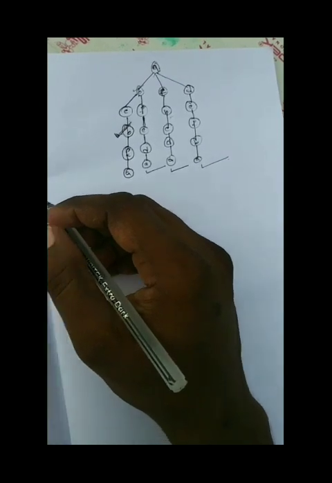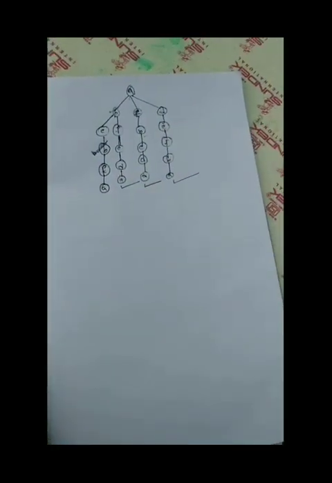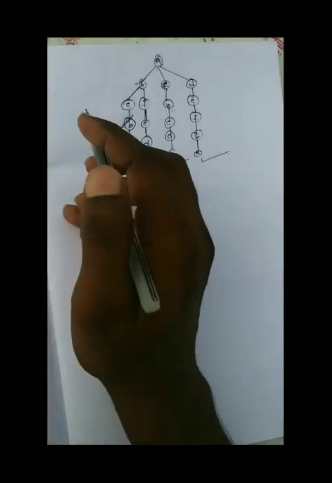Intermediate vertices are only visited once, so this is not going to be valid.